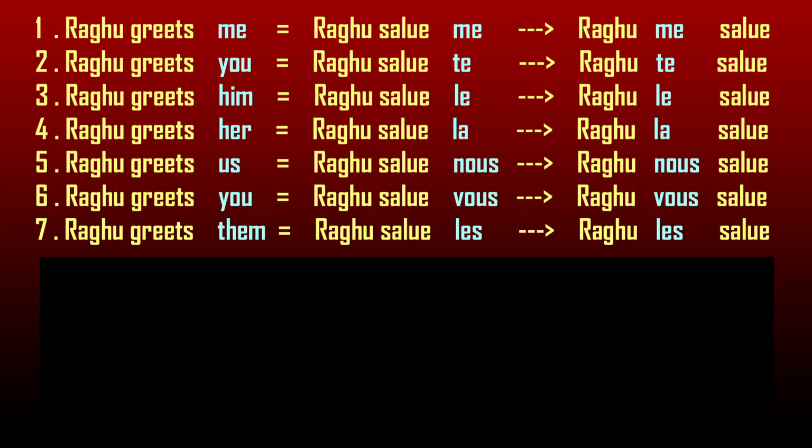Raghu greets me will be Raghu me salue. Number 2, Raghu greets you. Raghu salue te is wrong. That becomes Raghu te salue. Number 3, Raghu greets him. Raghu salue le should become Raghu le salue. Number 4, Raghu greets her. Raghu salue la becomes Raghu la salue. Number 5, Raghu greets us.